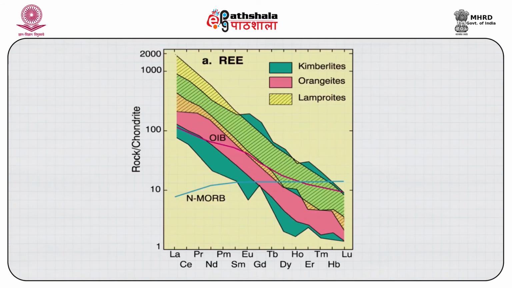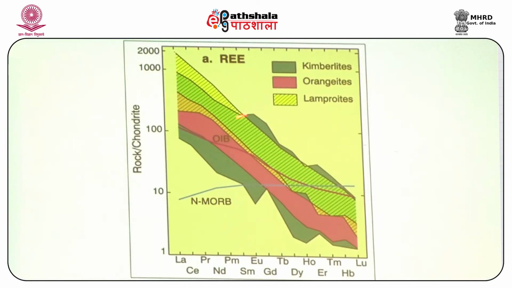Now, you can see another diagram. We will be able to generate enriched rocks. So, this is the rare earth pattern, in which, if you see here, it is written N-MORB. N-MORB will be like this. So, this is the light rare earths, this is the heavy rare earths.